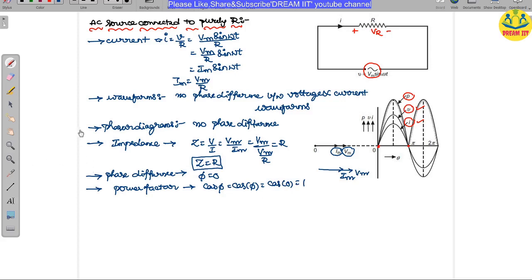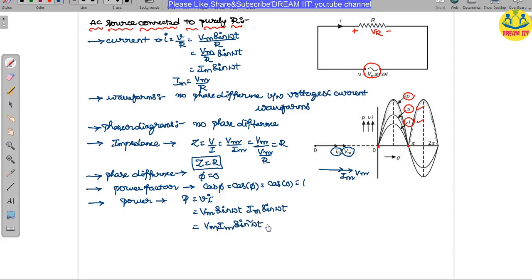Now come to the power, which is important. We have given the power waveform also. Now see what the power in this circuit is. P is the product of voltage and current, so we write Vm sin omega t into Im sin omega t. Multiplying, we get Vm Im sin square omega t.